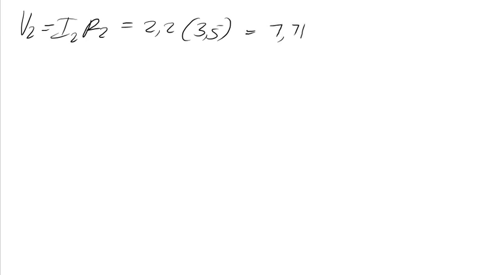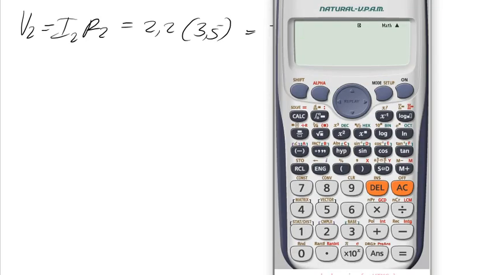So you can calculate it with this calculator. So you can say 2.2 times 3.5. Then you're going to get 7.7 volts. See?